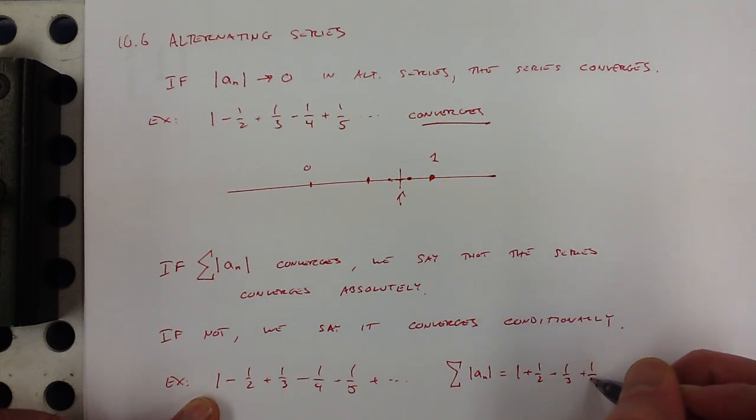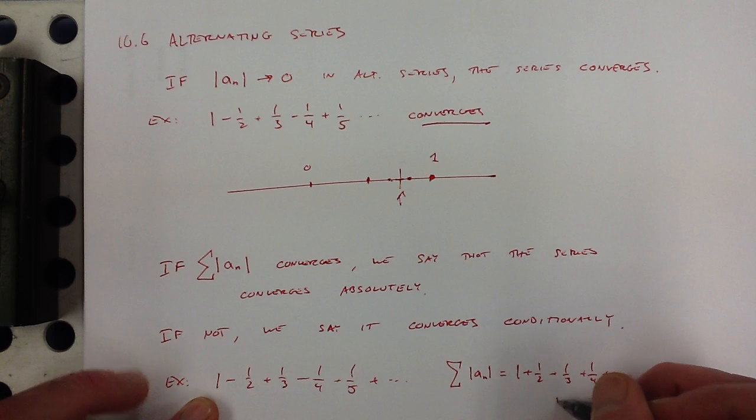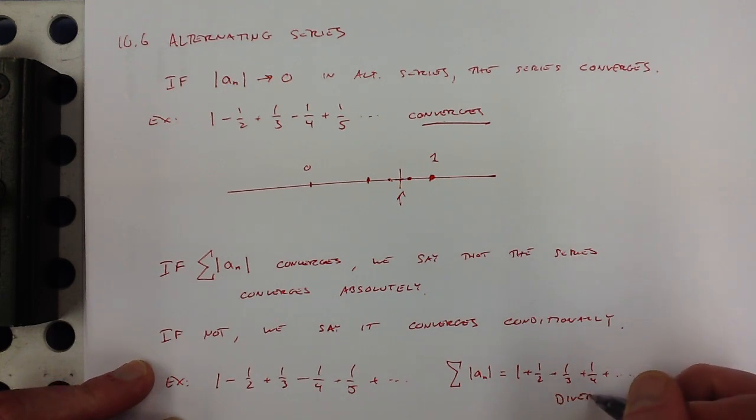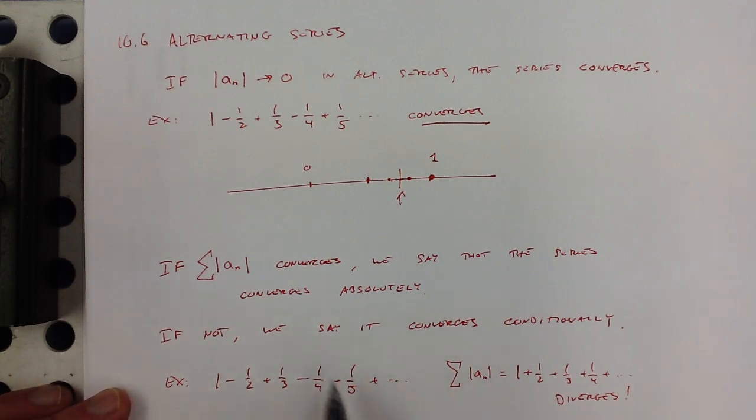And does that converge or diverge? This diverges. It's the harmonic series. So, did the absolute values converge? No. That means it converges conditionally. So this series right here converges conditionally.